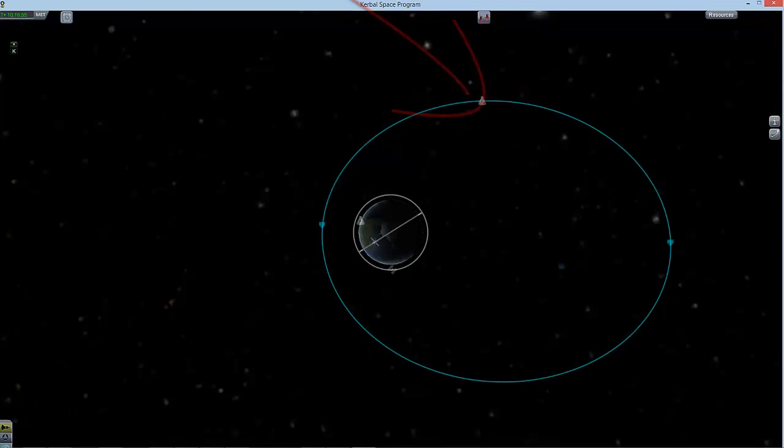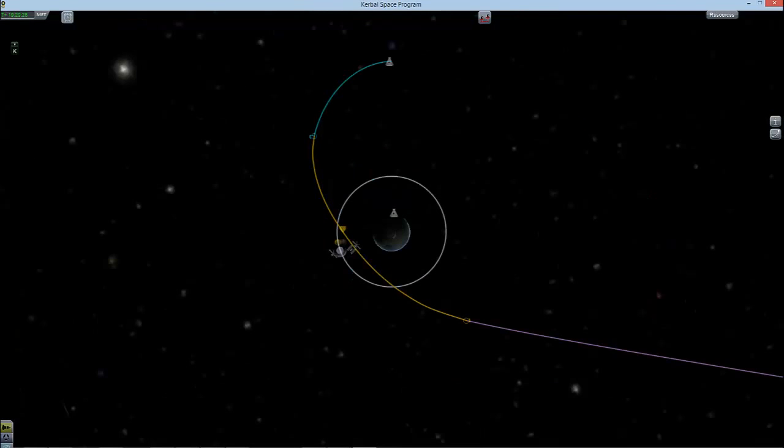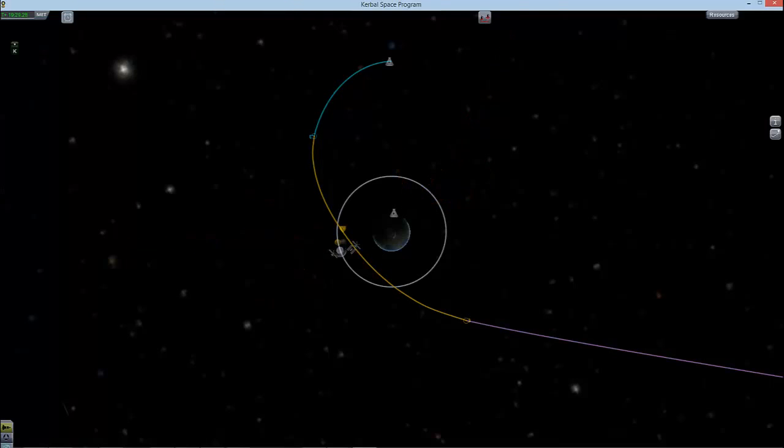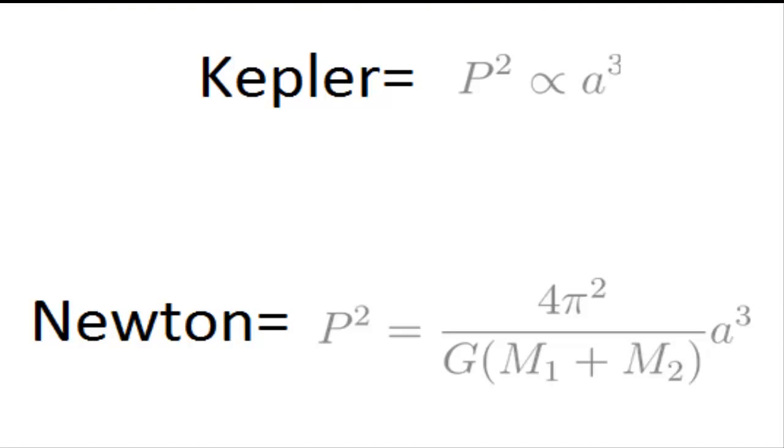This means we can discard the mass of the second one, the smaller body. However, Newton's version kicks in when both bodies have a similar or equal mass, and this means the problem becomes more complex, and you have to account for how much mass both bodies have and their interaction between each other. And that means Kepler's original version of the law will not work.